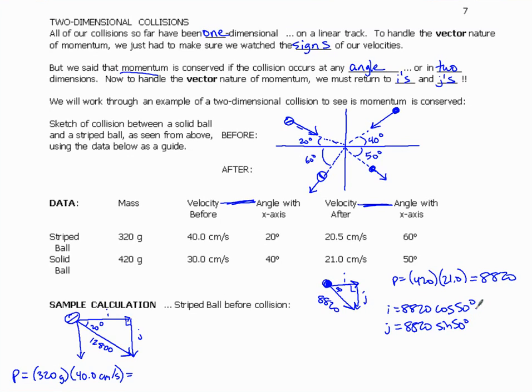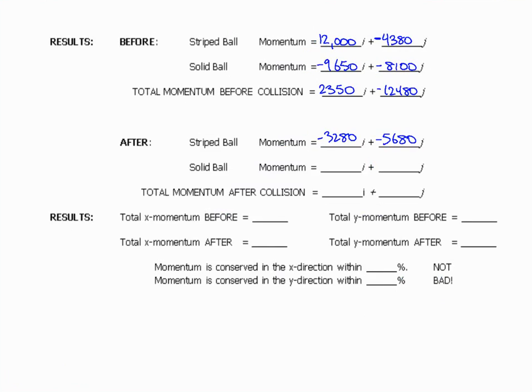So some numbers here: 5,670, and this one, 6,760. And figure out the directions. Horizontally, we're going left to right, positive. Vertically, we're going top to bottom, negative. Same thing as the before situation.